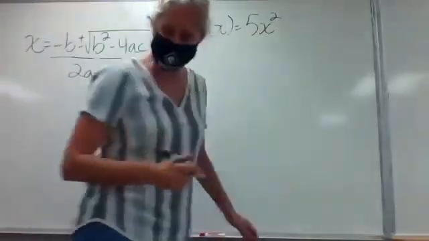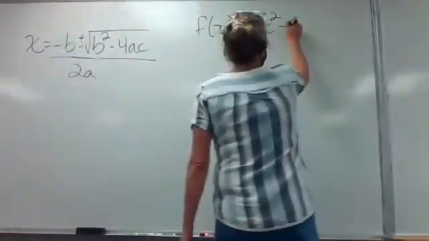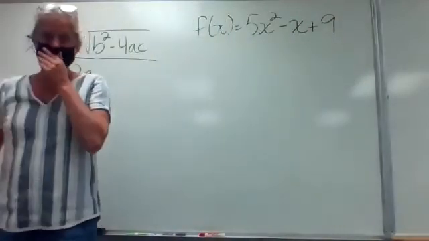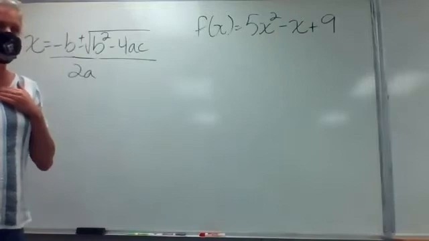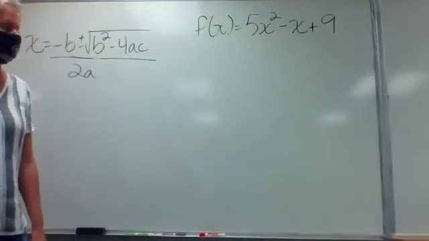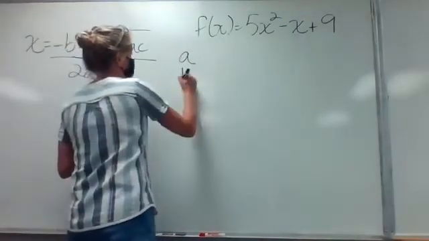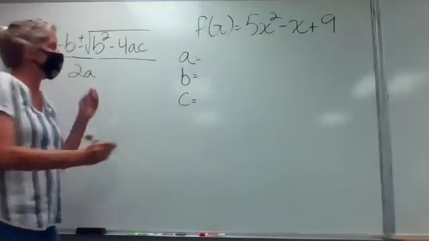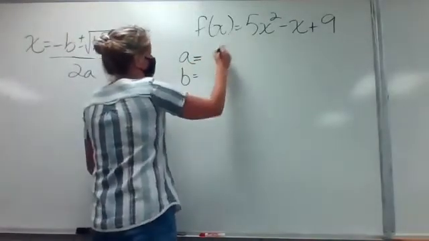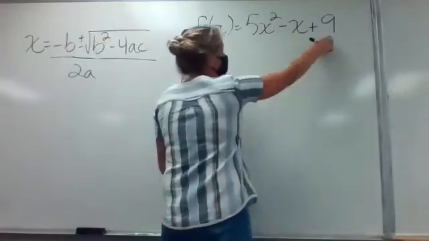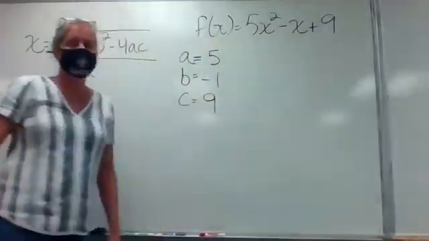So everything works the same because we don't even know we're going to end up with an i yet, right? We just see the problem. So my A is 5, my B is -1, and my C is +9.